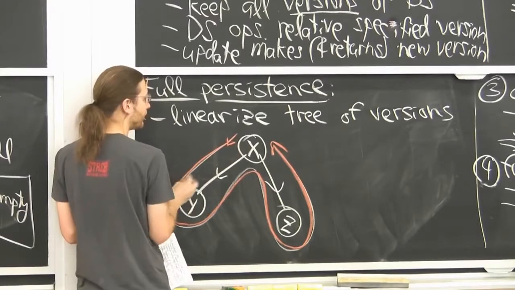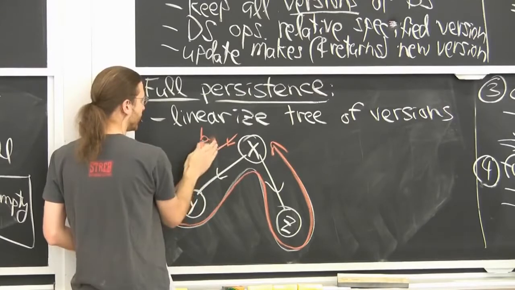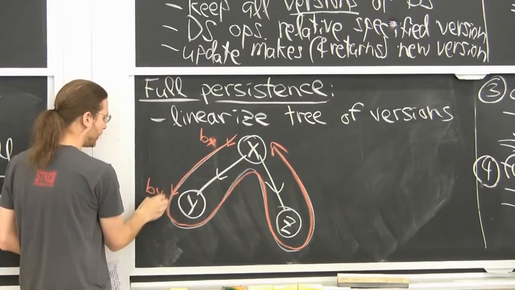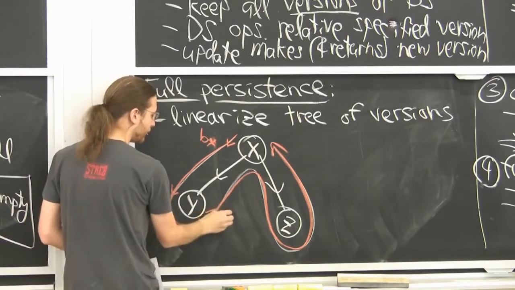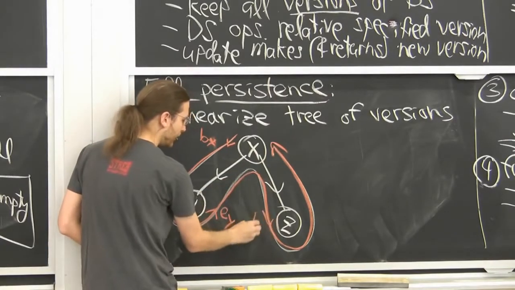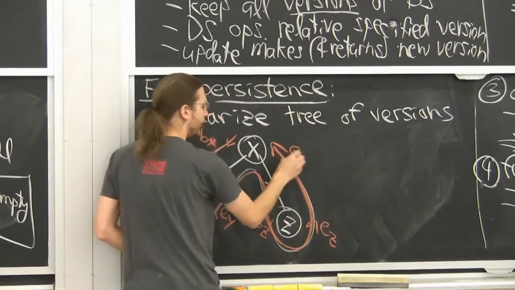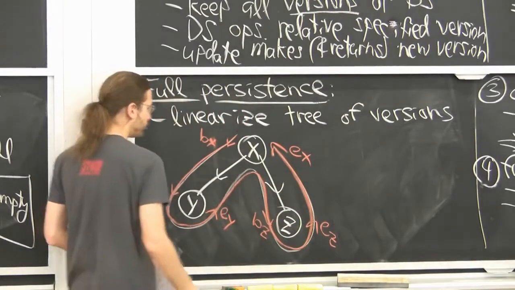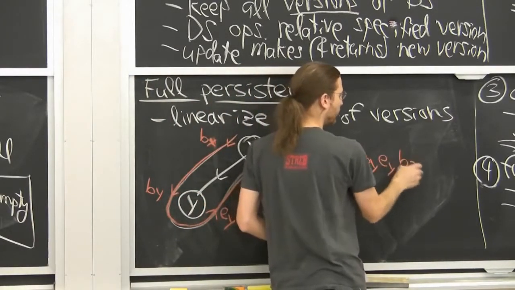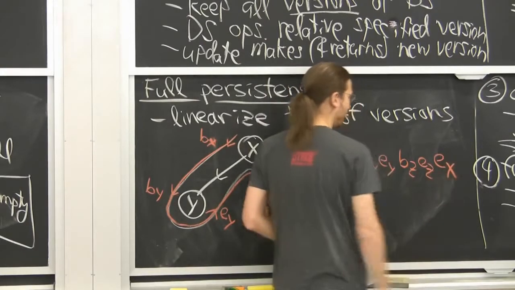So this is the first time I visit X, so I'll write this is the beginning of X. Then this is the first time I visit Y, so it's the beginning of Y. And then this is the last time I visit Y, so it's the end of Y. Then this is the beginning of Z. And this is the end of Z. And then this is the end of X. If I write those sequentially, I get BX, BY, EY, BZ, EZ, EX.